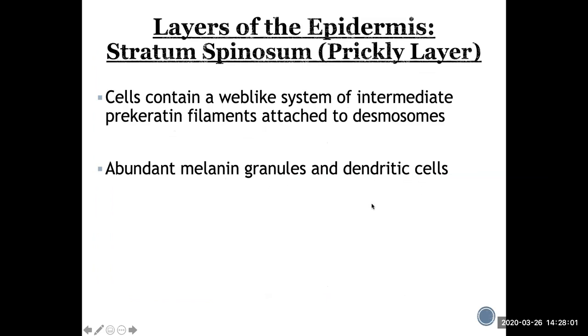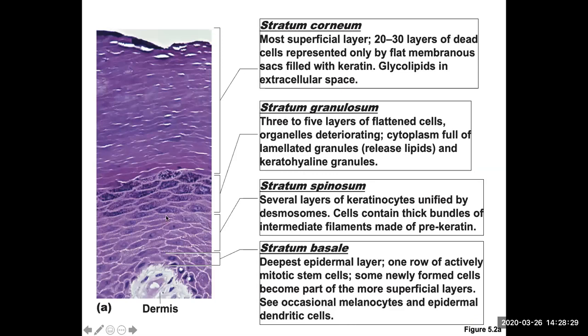So again, dendritic cells are cells that are moving melanin granules around or moving keratin granules around in and amongst the other skin cells, kind of dispersing them around in the skin. It is also known as the prickly layer because the web-like pre-keratin filaments make the cells look sort of spiky, which is kind of weird. So from here to here, we've got the stratum spinosum, and they're looking a little bit spiky here.